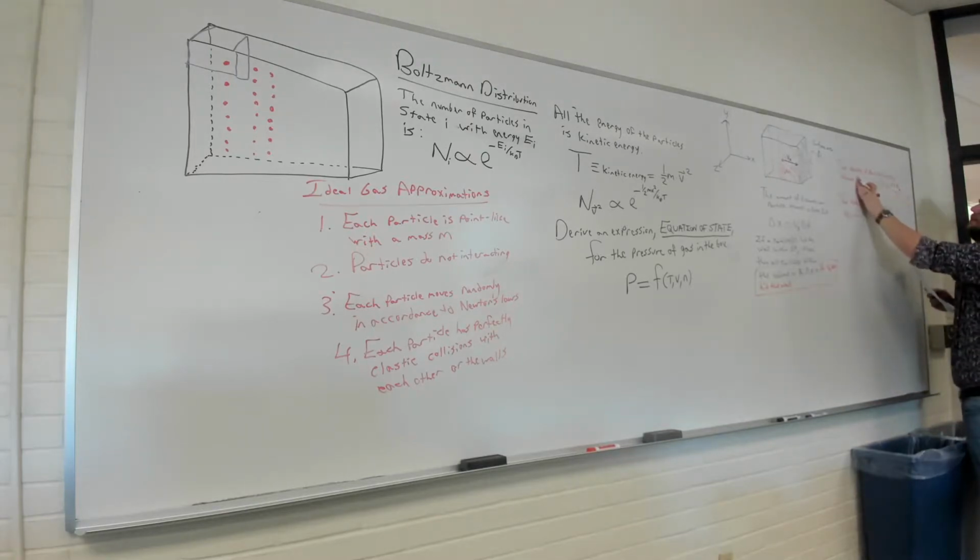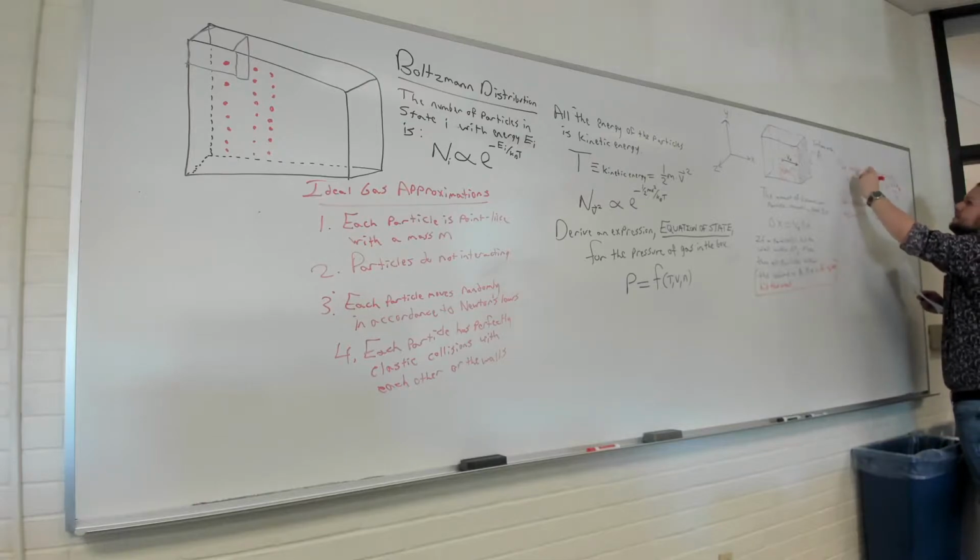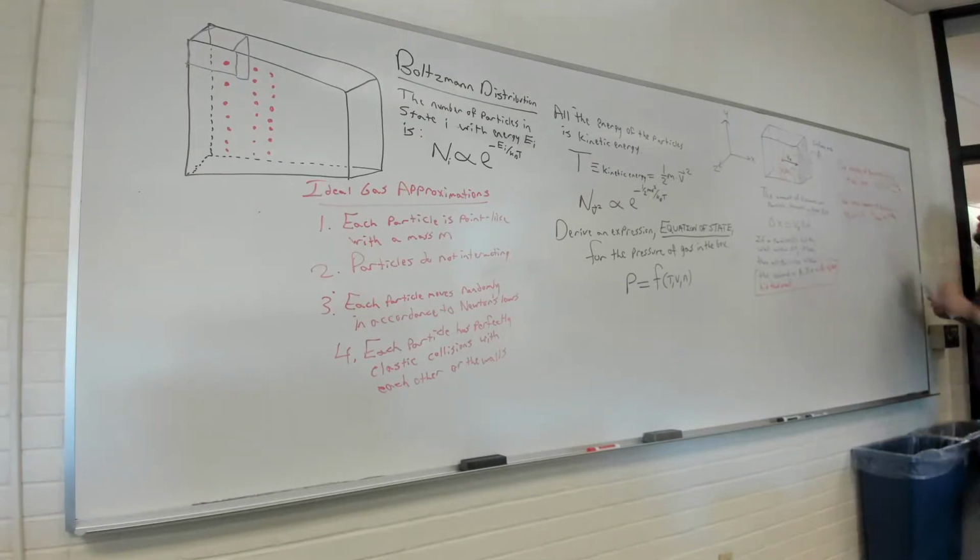Sorry, this is actually the whole box within the box. So now we have to think about the particles within the little small region. That ends up being, again, the density of the particles times the volume of the small region, which is this, A Vx delta t.